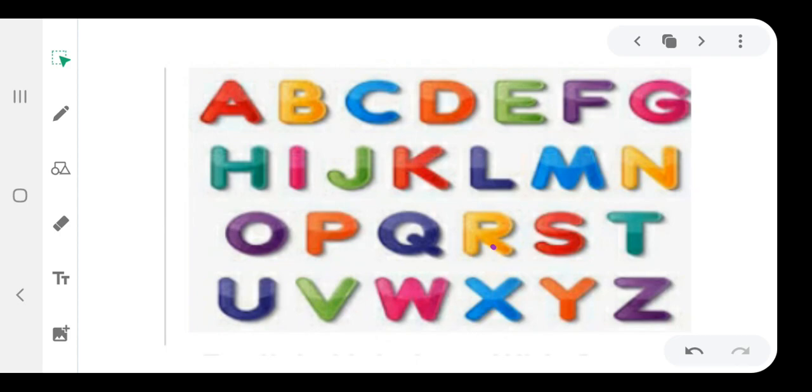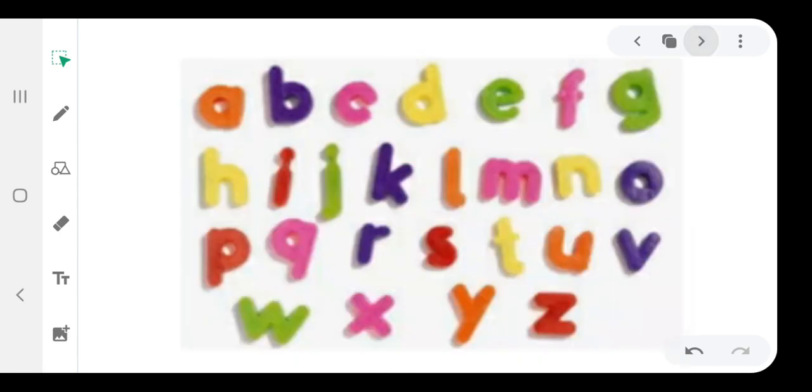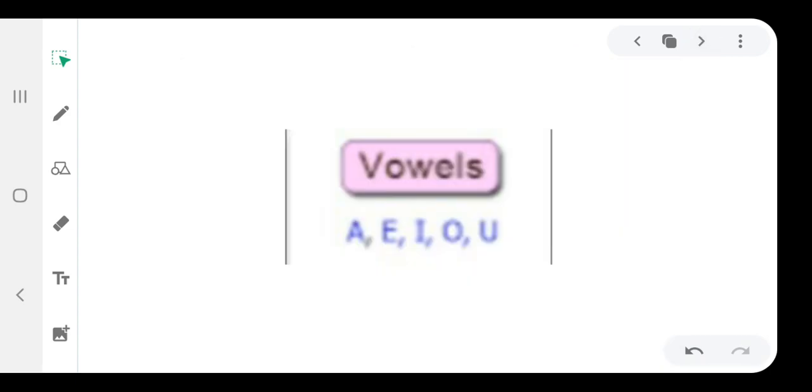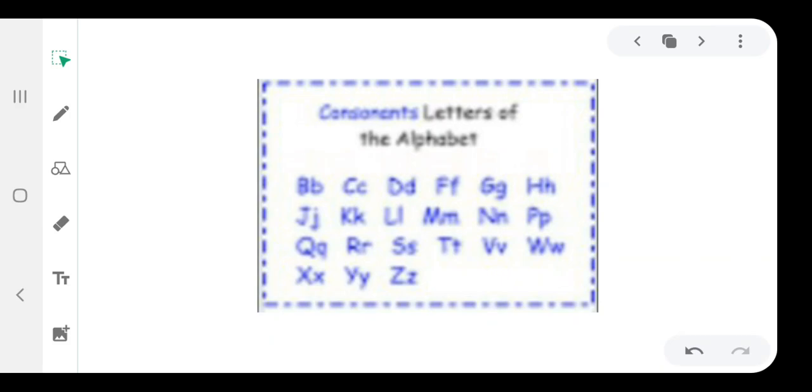Each letter has an uppercase capital letter and a lowercase small letter form. 5 of the letters in the English alphabet are vowels: A, E, I, O, U. The remaining 21 letters are consonants: B, C, D, F, G, H, J, K, L, M, N, P, Q, R, S, T, V, W, X, Y, Z.